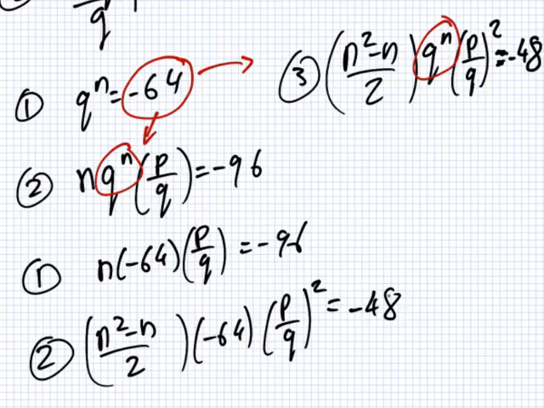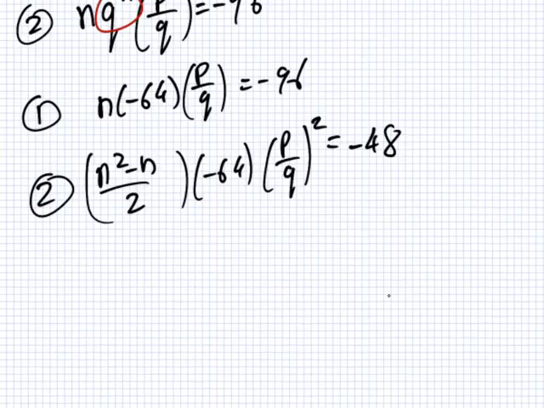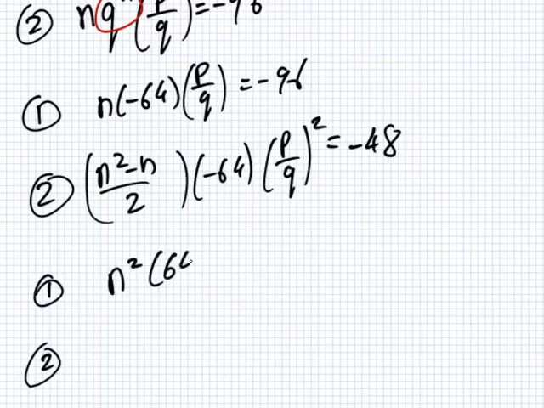So watch. P over q the subject. No. Yes, that would work. Yeah. I was going to do something a little bit different here. It's the same idea. What I'm going to do is square everything in equation 1. So now I get n squared times 64 squared, p over q squared, equals 96 squared.